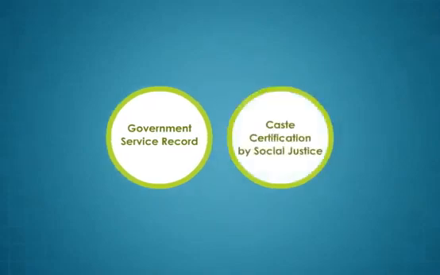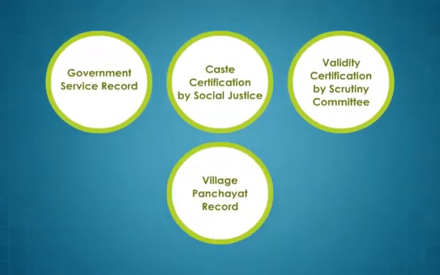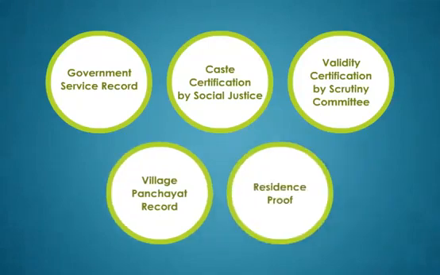A document certifying your caste issued by the Department of Social Justice. Validity certificate of father or relative which is issued by the Scrutiny Committee. A copy of revenue records or village panchayat record. Residence proof prior to the date of notification of the caste.